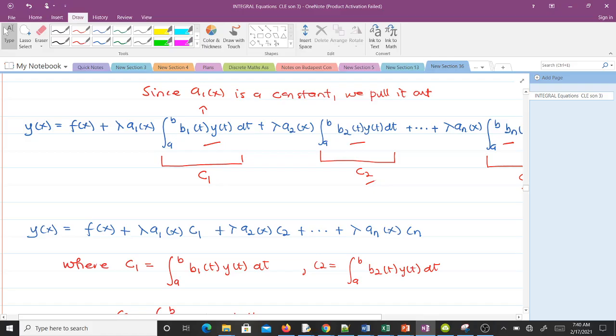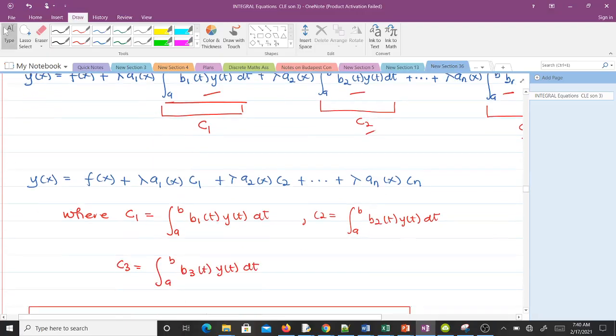Doing that gives us y of x equal to f of x plus lambda a1 of x times the whole of this, which we are now naming c1, plus lambda a2 of x, c2, up to lambda a_n of x, c_n. This happens to be the solution to the integral equation as far as we can find our c's.